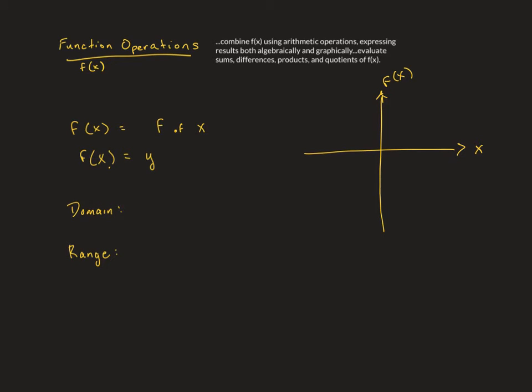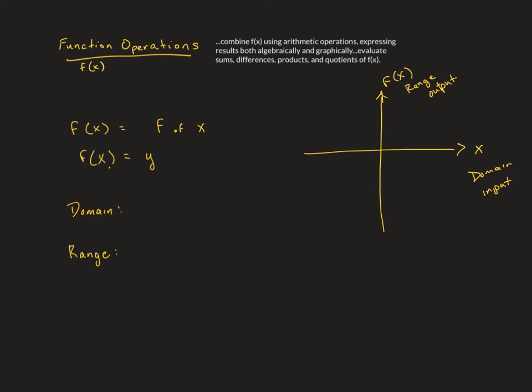My x value also represents the domain of a function, and my y value, or my f of x value, represents the range. And we know, hopefully we remember, that the domain is what I put into a function, and the range, or the f of x, is what I get out.